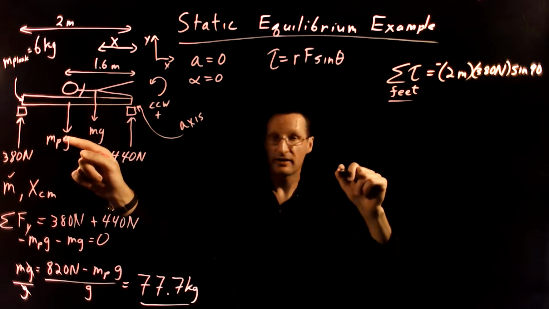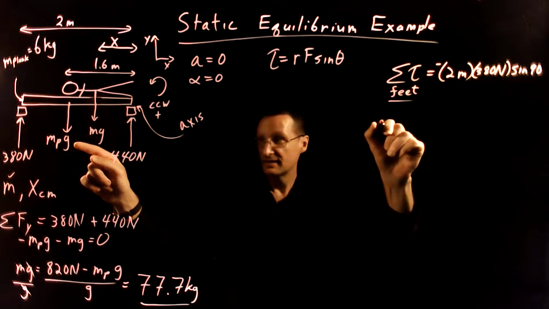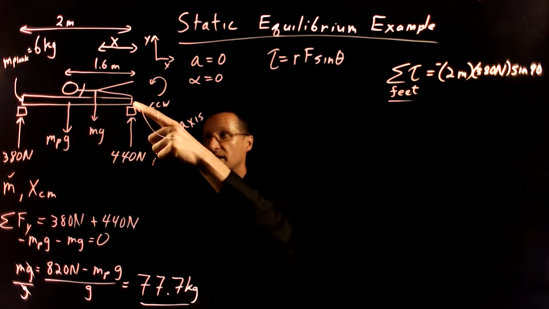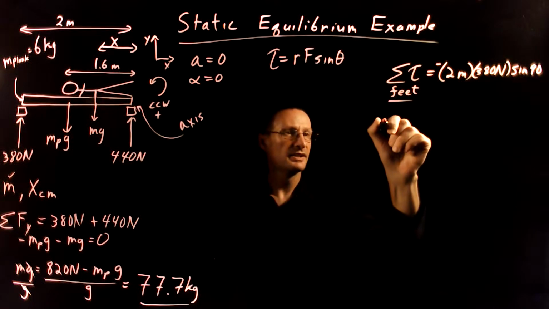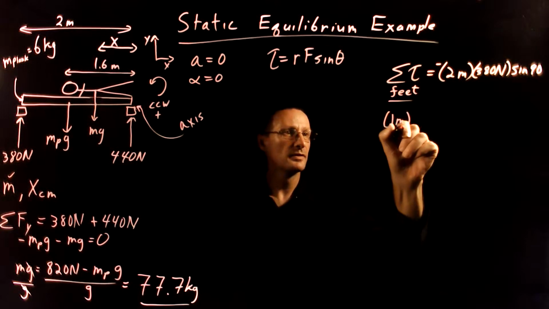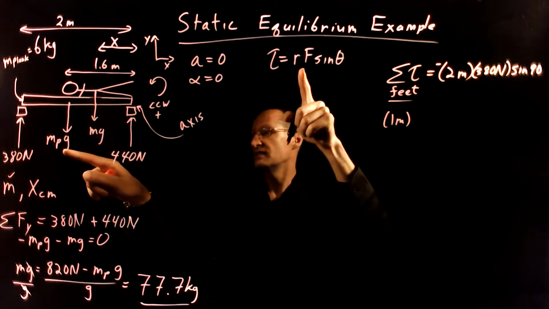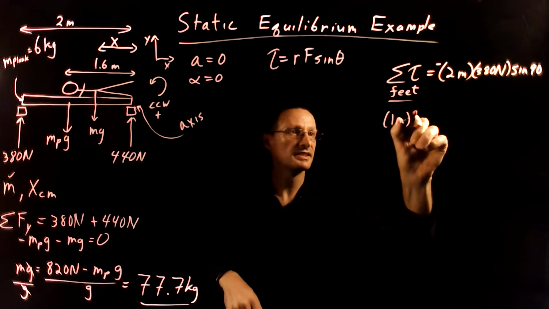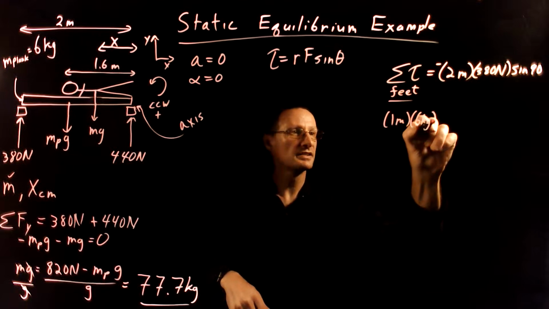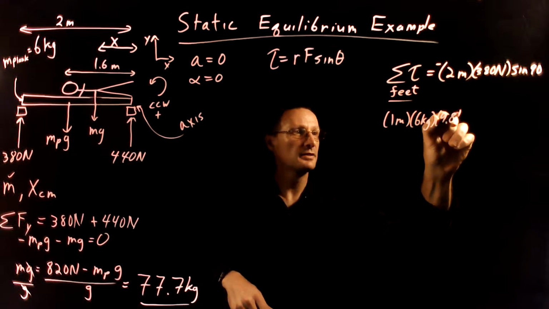We've got that one. Let's go to this one. The R vector goes from here to here, and that's 1 meter exactly. Then the force is the mass of the plank times g, that's 6 kilograms times 9.8 newtons per kilogram.